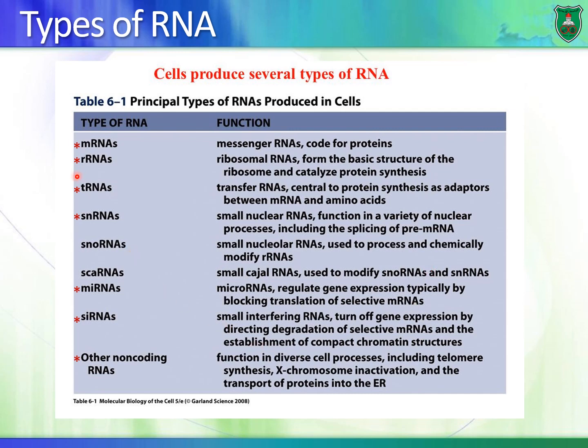But then, in fact, other types of RNA molecules were identified. Each one of them has its own function. We'll talk about these different ones. The ones that are starred are the ones that you should know about.